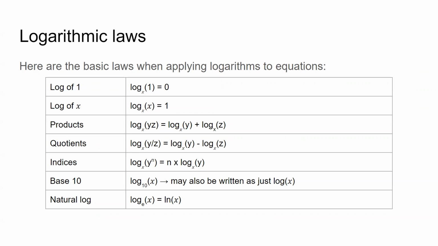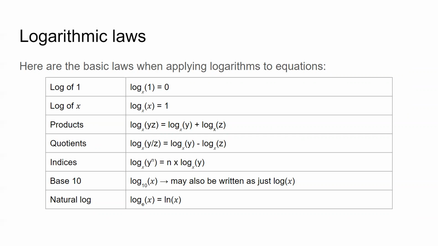The next 2 lines, they're not really laws, they're just conventions that you probably will come across, and I don't want them to throw you off when you do. So base 10, log to the base 10 of x may also be written as just log x. That's because we use base 10 mathematics for our everyday mathematics. So rather than writing log to the base 10 every single time, sometimes you will just see log x.